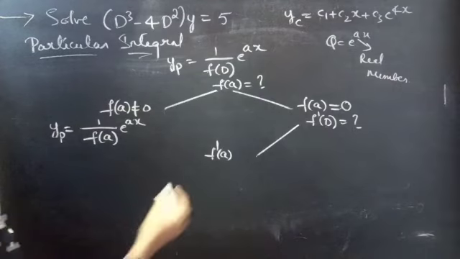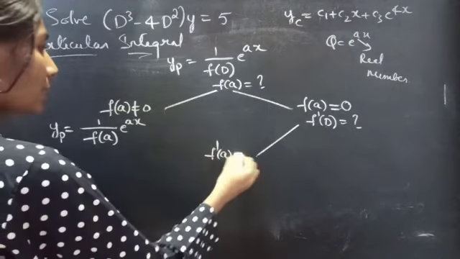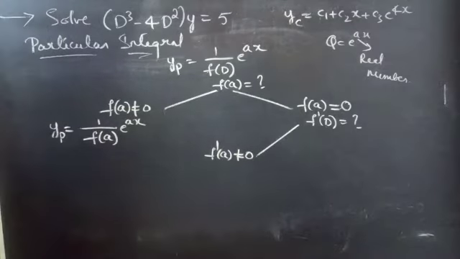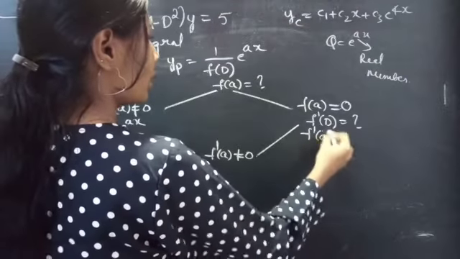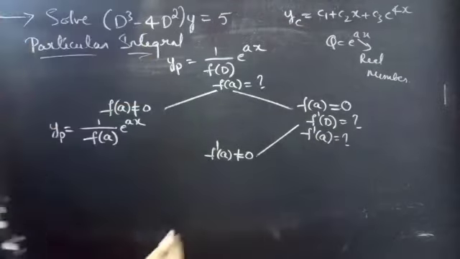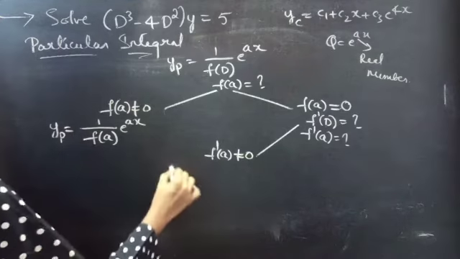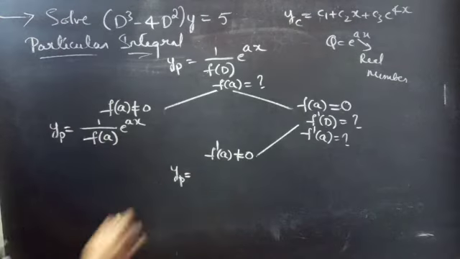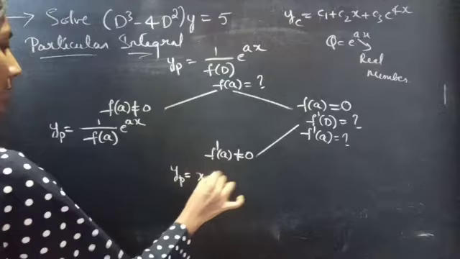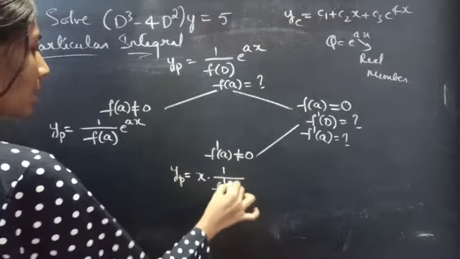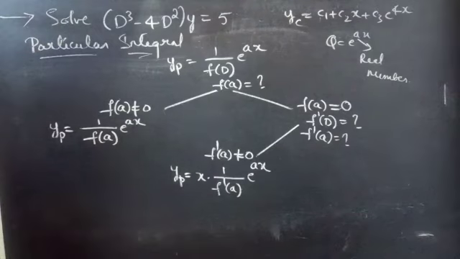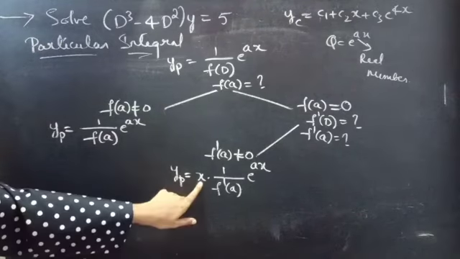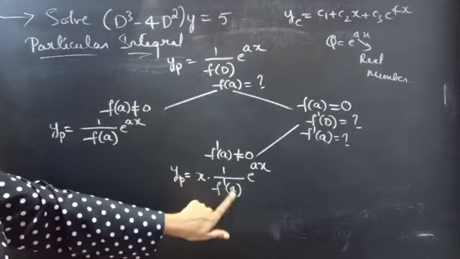If f dash of a is not equals to 0, then your yp will be equals to x into 1 by f dash of a into e power ax. You'll write x into 1 by f dash of D.